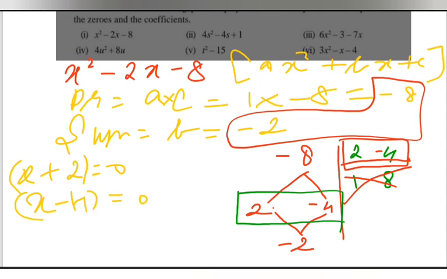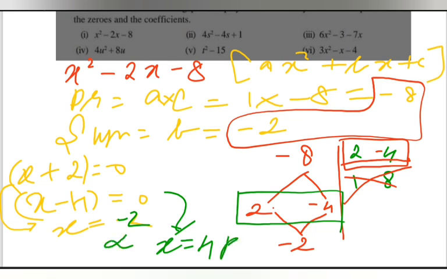So if we take 2 to that side we will be getting x is equal to minus 2, and if we take the second one, x is equal to 4. So these are the two possible numbers we will be getting in the place of x. The first one you can take as alpha, and the second one as beta. Yes, we got the zeros minus 2 and 4.